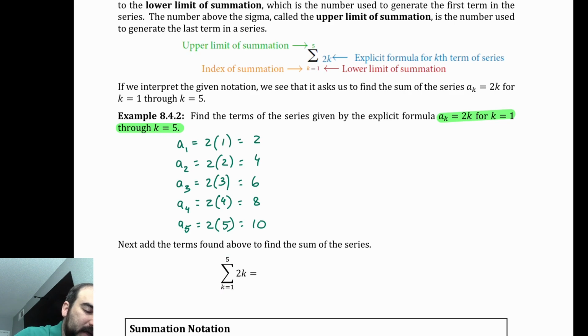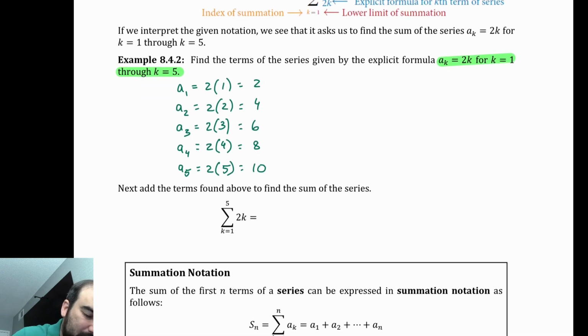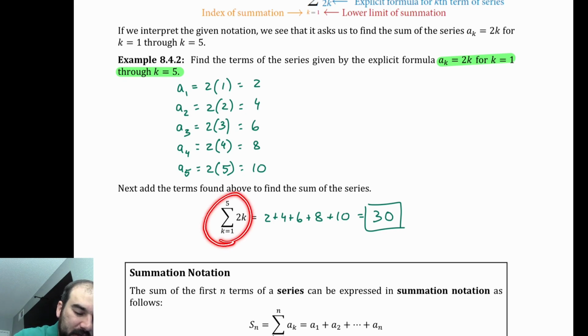So to evaluate this, we're going to add these terms together that we found in the previous part of this problem. So this expands into 2 plus 4 plus 6 plus 8 plus 10. And when we add these together, we get 30. So this sigma notation, this sum, is equal to 30.